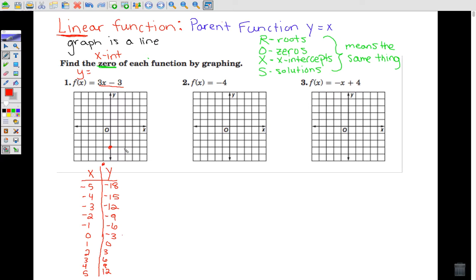Then my next point would be 1, 0, so x is 1, y is 0. X is 2, y is 3. And then we have 3, 6, which will be a little bit up here. Once we have our points, we're going to connect our dots.